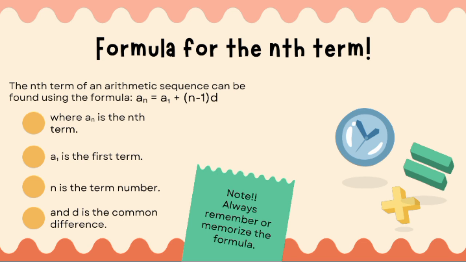The nth term of an arithmetic sequence can be found using the formula a sub n equals a sub 1 plus (n minus 1) times d, where a sub n is the nth term, a sub 1 is the first term, n is the term number, and d is the common difference.